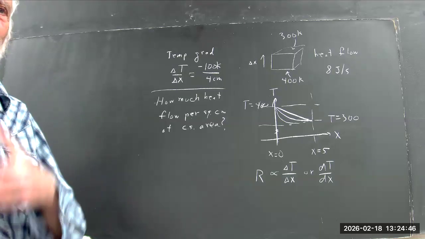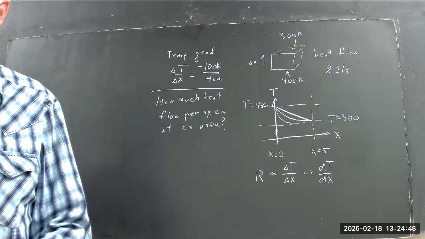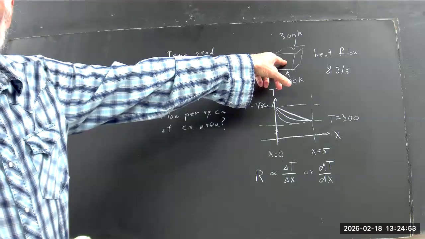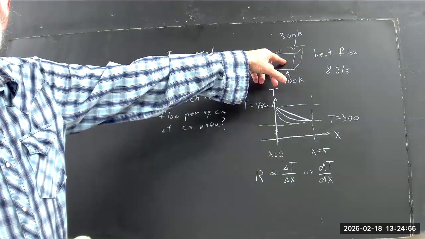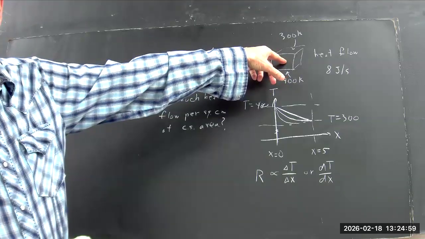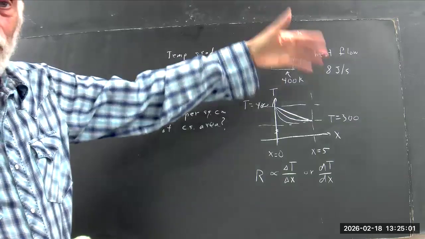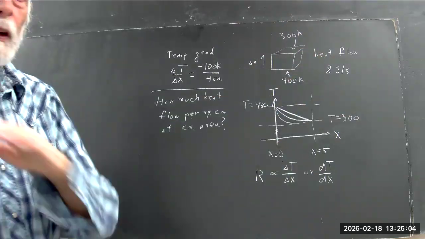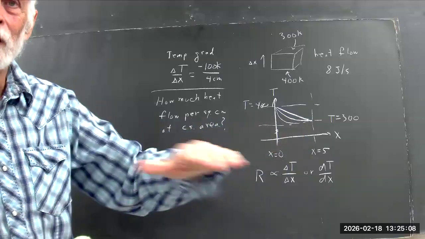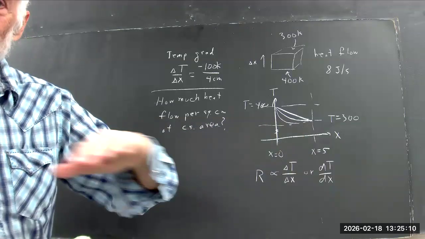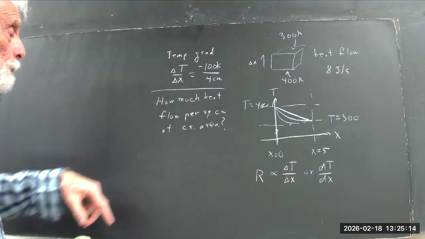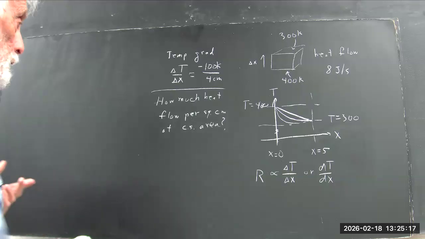Now, that's not an unreasonable thing because if you want to know how much heat is contained in this thing, if you know the specific heat and the temperature, you're going to need the volume. So it's not a bad thing to think about volume, but cross-section is not measured in units of volume. Cross-sectional area is an area and it's in square centimeters. So how much heat flow per square centimeter of cross-sectional area?